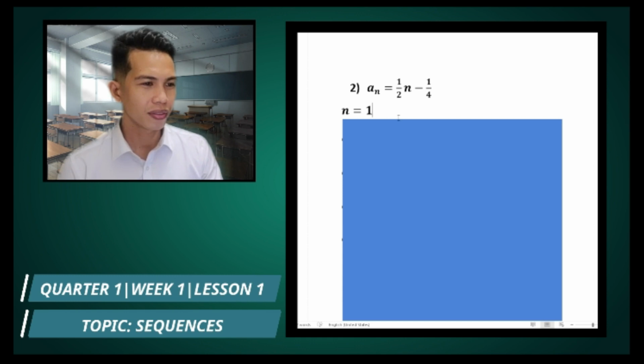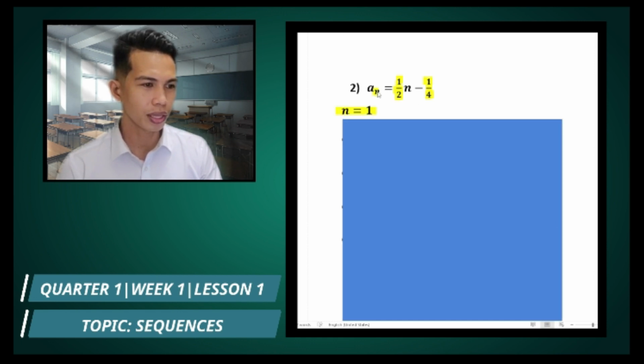Number 2, we have a sub n equal to 1 over 2 times n minus 1 over 4. As you can see, this involves a fraction on our n term. In solving the first term, or a sub 1, we are going to let n equal to 1.